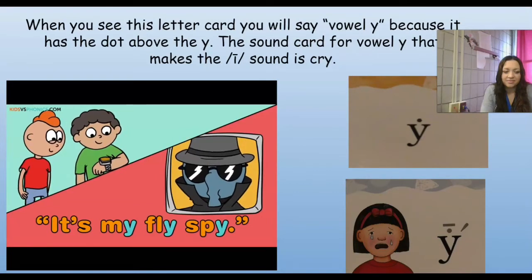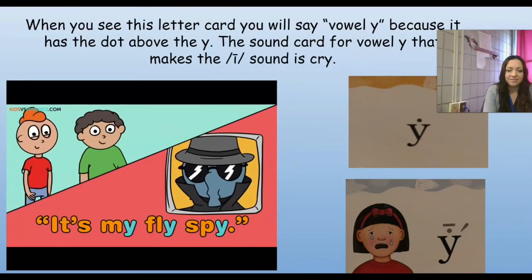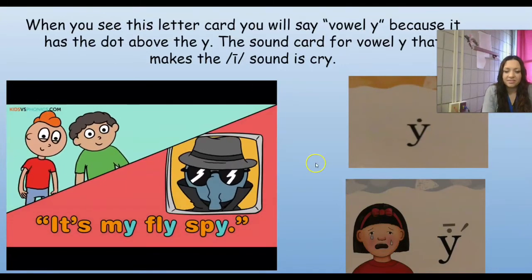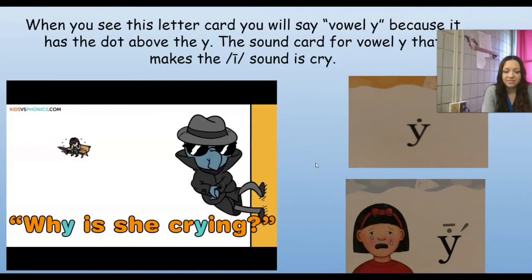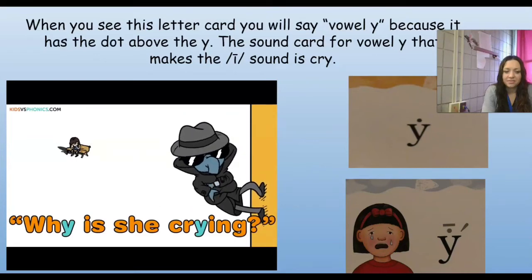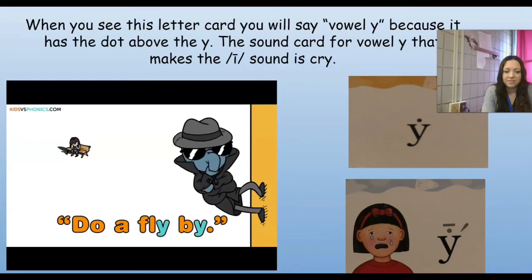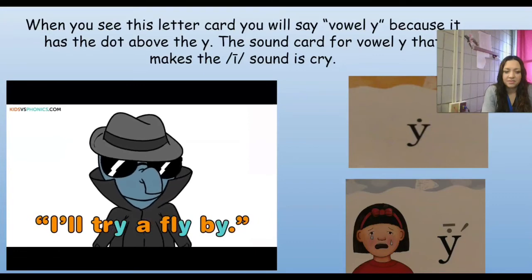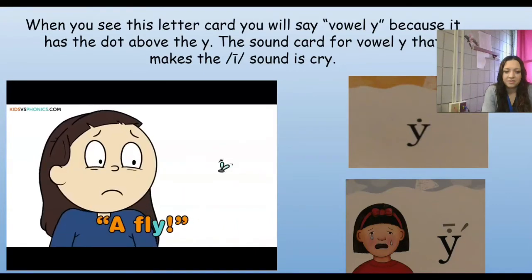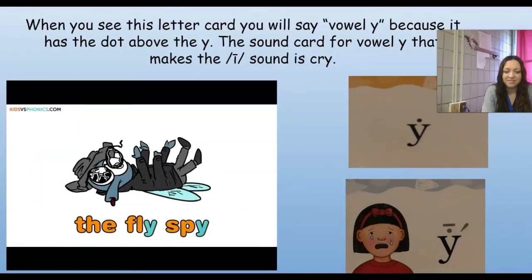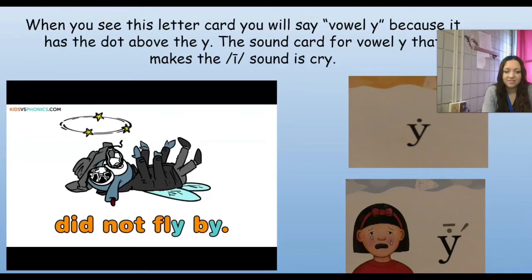It's my fly spy. In the sky, in the sky, it's my fly spy. So why cry? Let's try a flyby. The fly spy did not fly by. Why is she crying? Do a flyby. I'll try a flyby. A fly! In the end, the fly spy did not fly by.